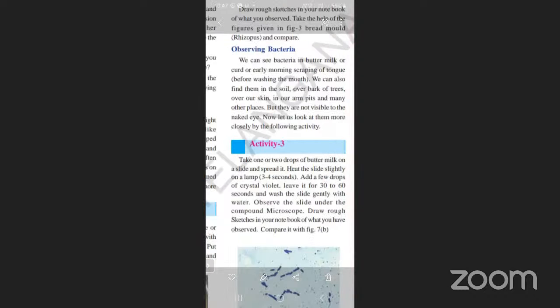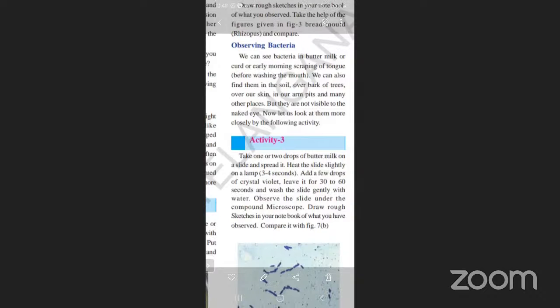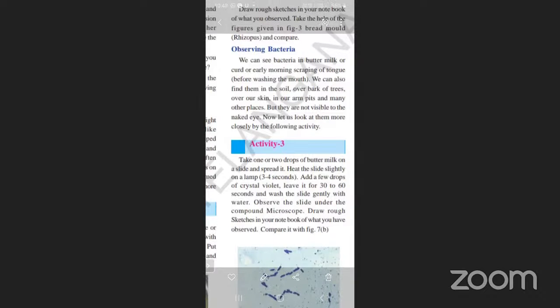That's why they are considered microorganisms, which we cannot see with the naked eye, as I told you in the starting. We can observe them under a microscope only. So bacteria is one of the microorganisms.